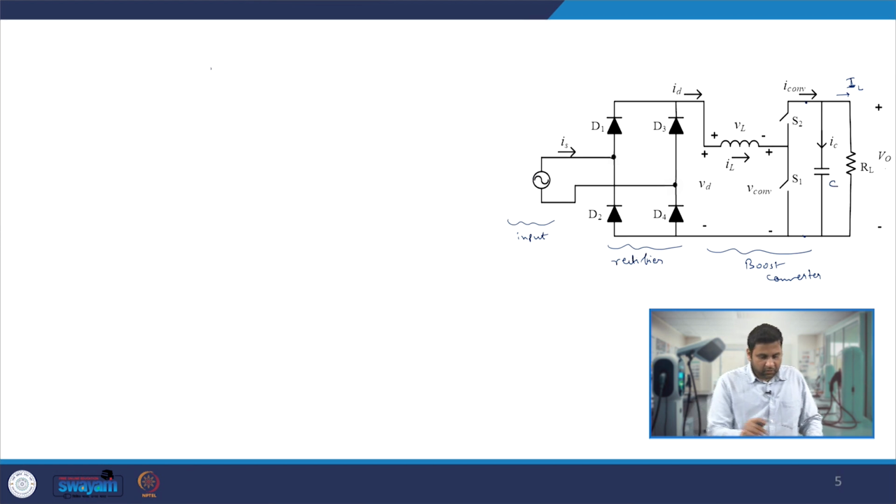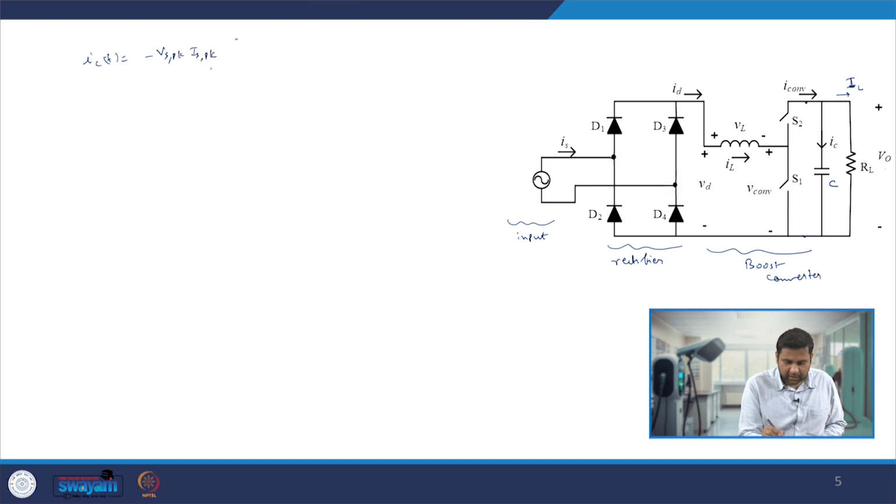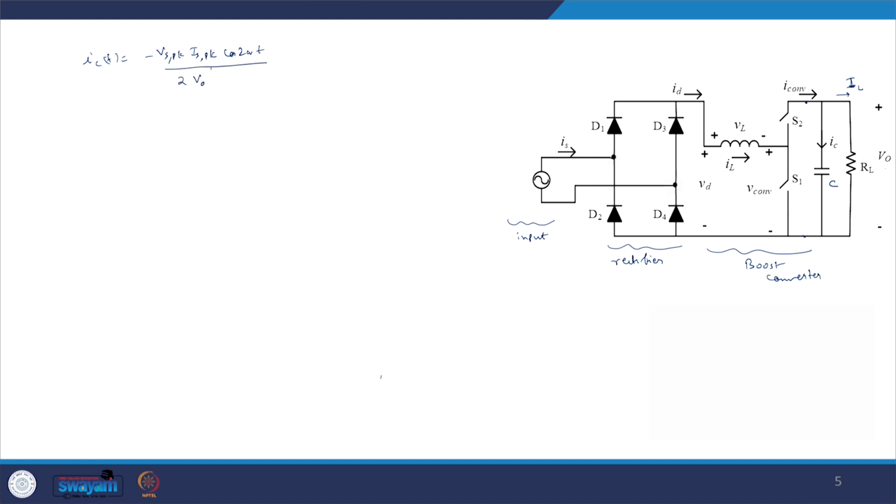So now we can write IC of t is nothing but minus Vs peak Is peak cos 2 omega t by 2 V naught.